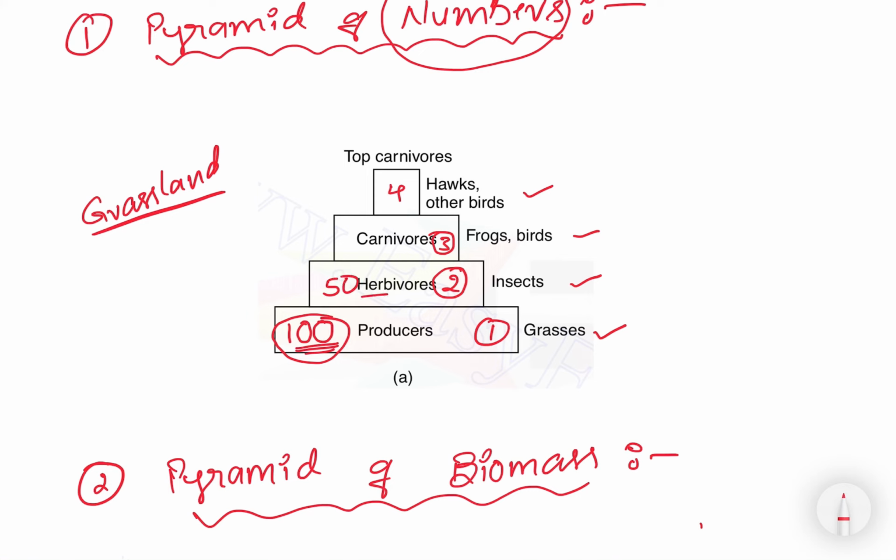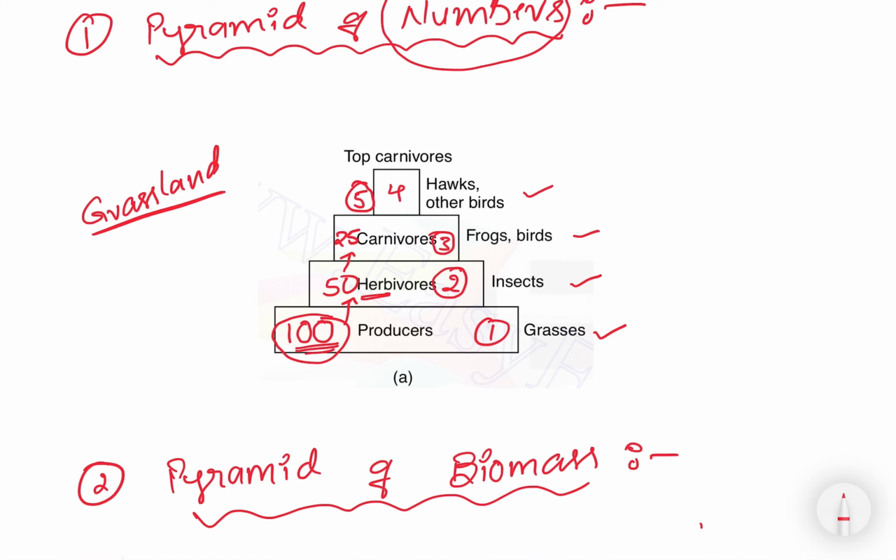Obviously the number of herbivores is always less than that of producers. Similarly, since herbivores are 50, they can feed only a smaller number of carnivores, and then 5 or 4 top carnivores.